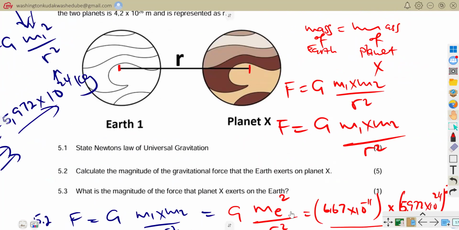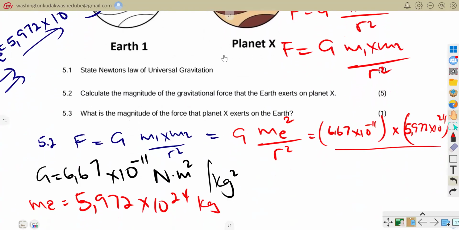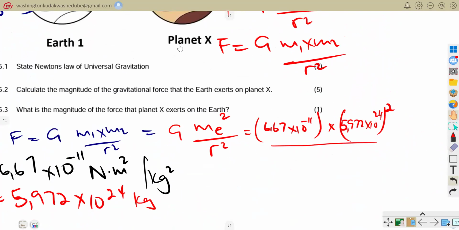So that distance that was given, which is 4.2 times 10 to the power of what? 4.2 times 10 to the power 26 is the same distance that we are going to use here. So I'm just going to say 4.2 times 10 to the power 26 bracket squared, so that we can calculate our force.